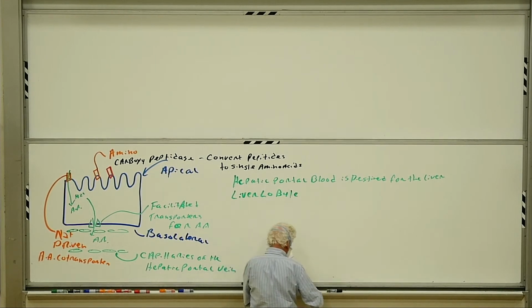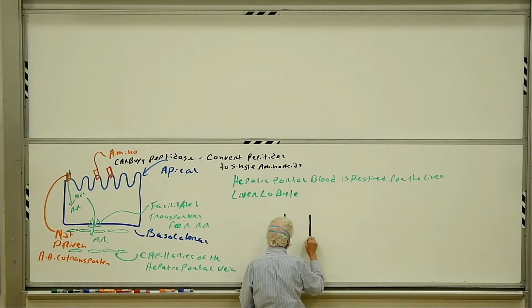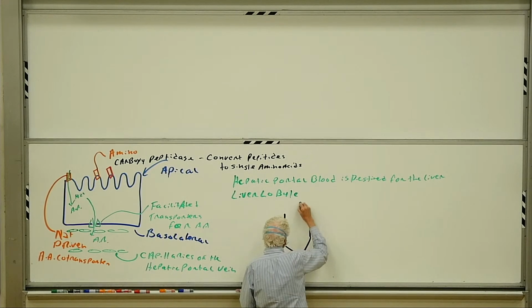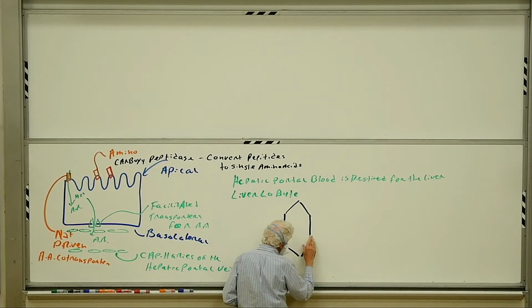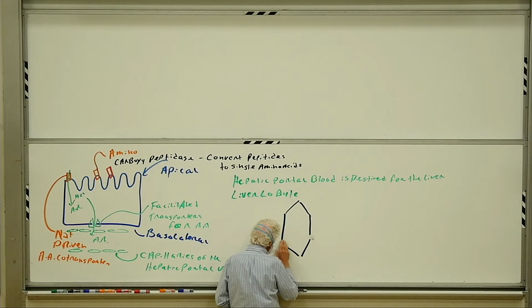And it's unusual in that it's hexagonally shaped. And at each of these corners, there are going to be 3 tubes.